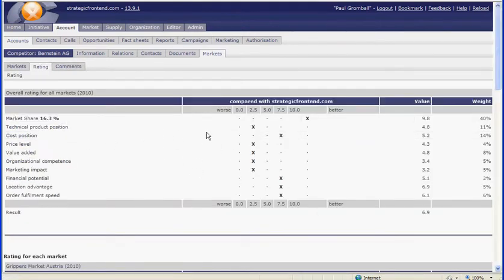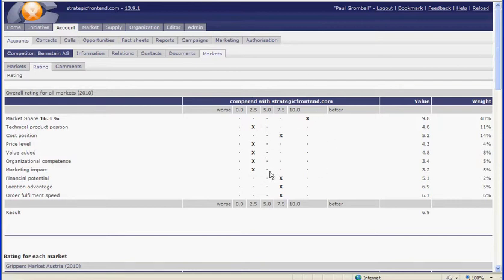So you have the overall ratings along positions like market share, technical product position, cost position, price level, value added, organizational competence, marketing impact, financial potential, location advantage, order fulfillment. And here you can see compared with your competitor where the competitor is not as good as you. On this side, like technical product position, you are better.